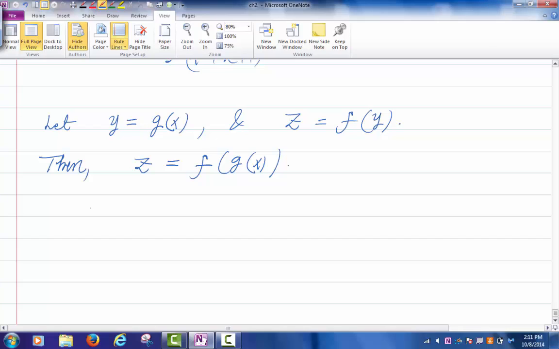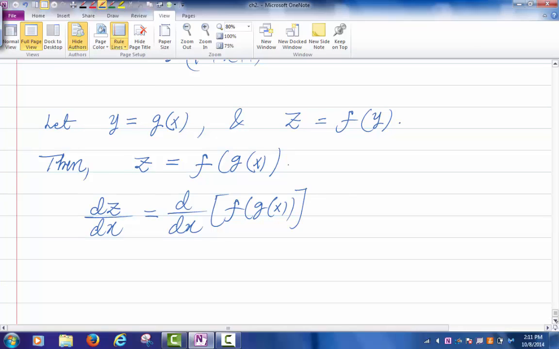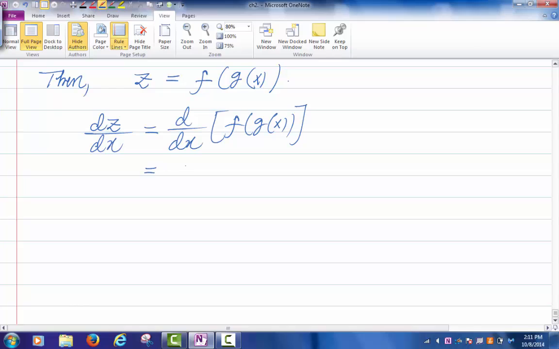So if I now ask what's the derivative of z with respect to x, that's basically asking for the derivative with respect to x of f of g of x, right? And then by the chain rule, what is that? It is the derivative of the outside evaluated at the inside times the derivative of the inside, right? Now, this is the same as the derivative of g of x. Remember, we are denoting g of x by y.